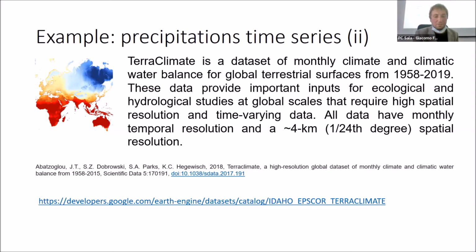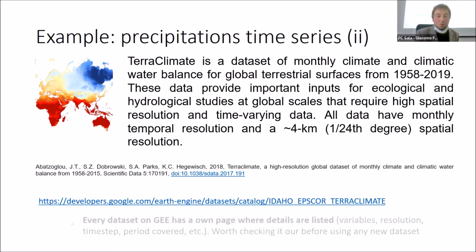If you follow this link, which you can also find in the slides, you will see that every dataset available on Google Earth Engine has a specific web page with documentation where you can know what this data is, where it comes from, what the resolution is, what time period it covers, what the bands are, so the variables that it measures, and so forth.